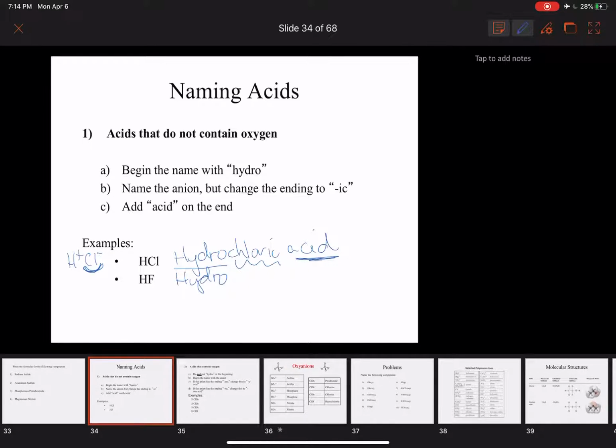And we know that when F is in a compound, it's not fluorine, it's fluoride. We change the ending from ide to ic, so we have fluoric. And we slap acid on the end, so we have hydrofluoric acid. It makes sense that if HCl is hydrochloric acid, HF would be hydrofluoric acid.